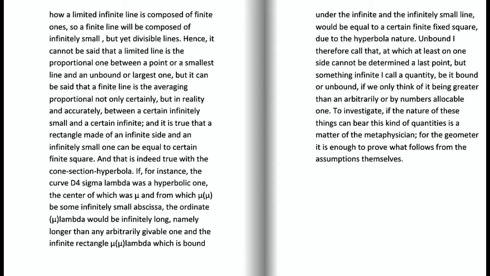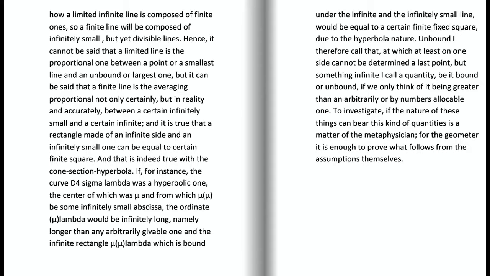And it is true that a rectangle made of an infinite side and an infinitely small one can be equal to a certain finite square. And that is indeed true with the cone section hyperbola.